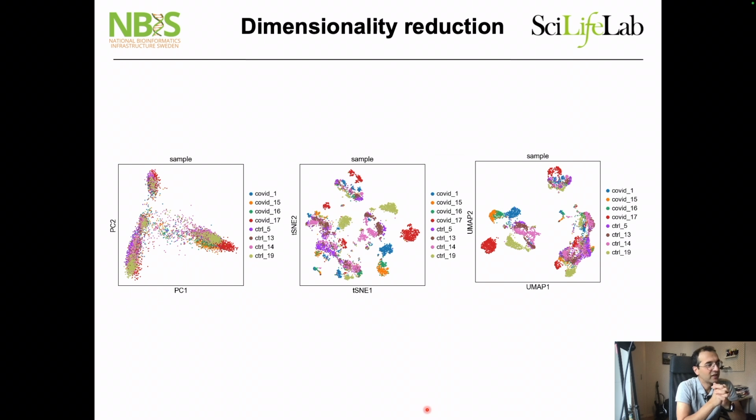That's true. I take this as if you disregard whether this sample has bad quality or not. I don't call it bad. It is different. But what you see as a whole is that you can distinguish samples in this reduced dimensional space.